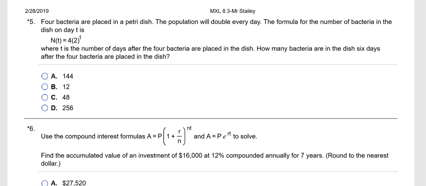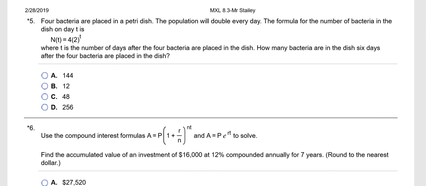What are we plugging in for T? 6. Yep. Folks, we haven't even gotten to the more difficult stuff. This stuff is pretty easy. That's why I wanted to start with these 5 examples. So what are we getting? 256.